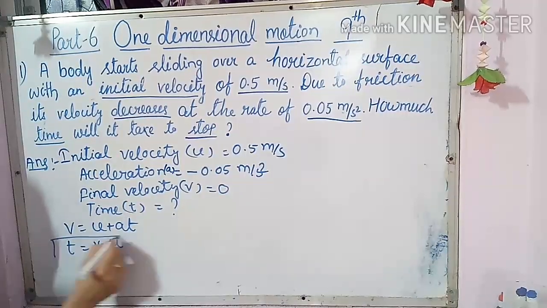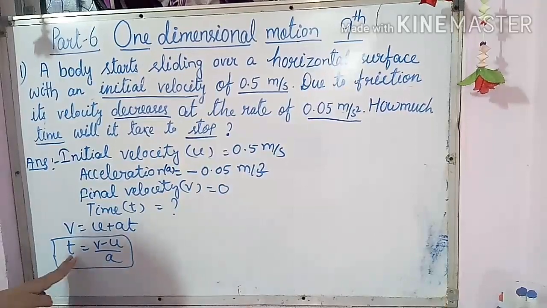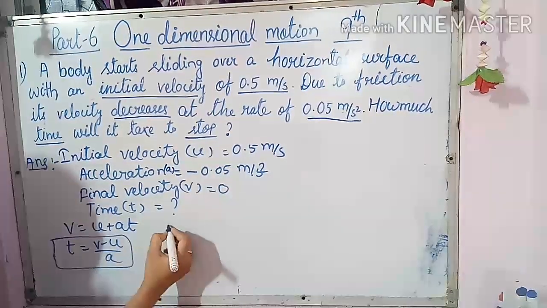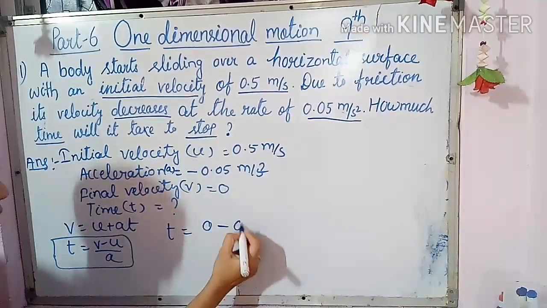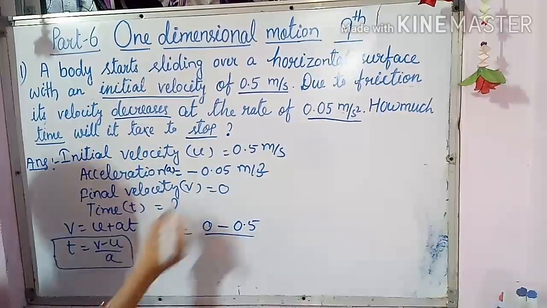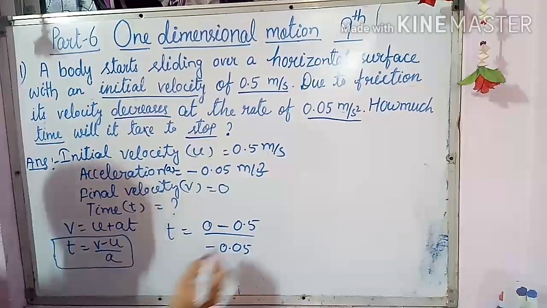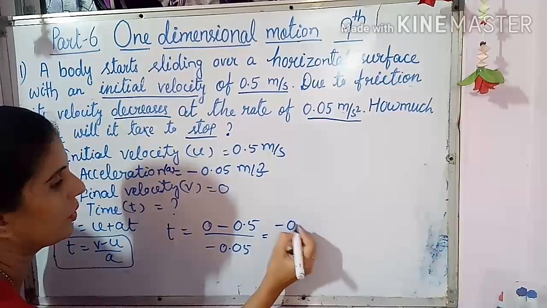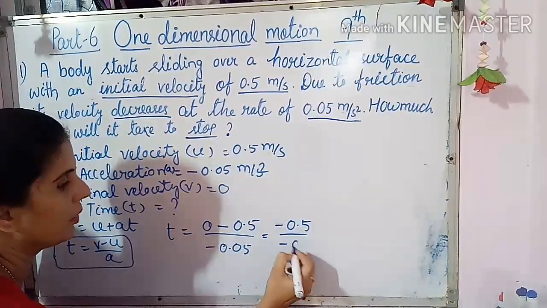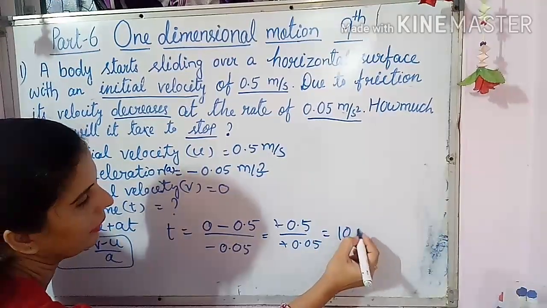Now you see that v and u have been given or not. As v and u have been given, you can directly calculate t. Now put t equal to v means 0, minus u means 0.5, divided by a means minus 0.05. On calculating, you will get minus 0.5 by minus 0.05, the minus signs cancel, and you will get 10 seconds.